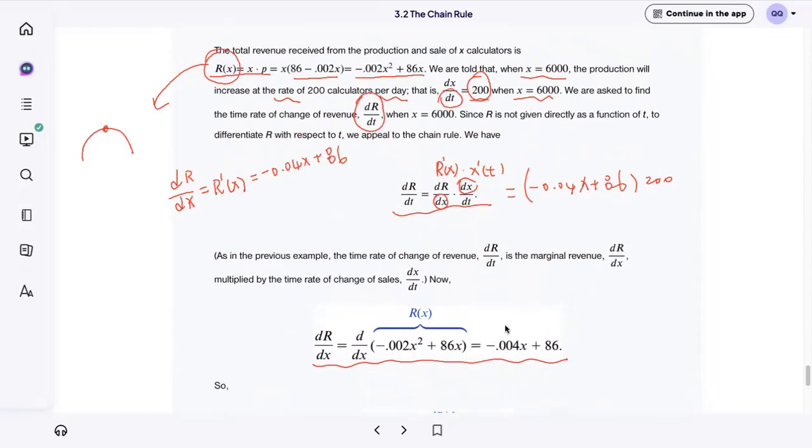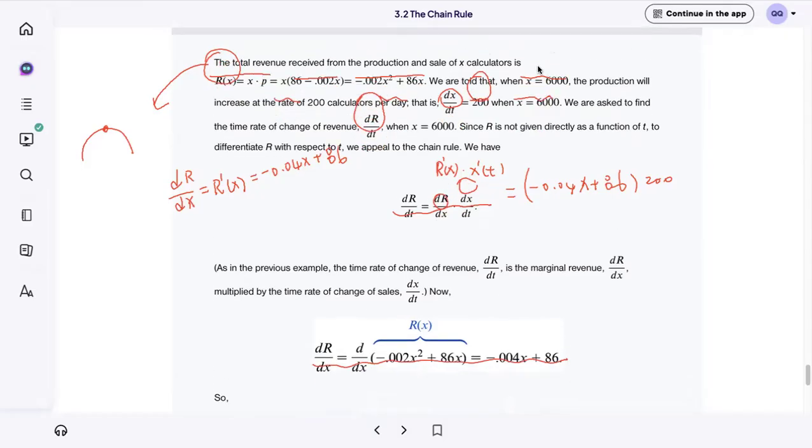All right. So in this case, we're given actually the price function, from which we form the revenue, because revenue equals the quantity multiplied by the price. Now here we get a quadratic function, or polynomial of degree 2. And also we're given the rate of change of the production. It increases at 200 when x equals 6,000.